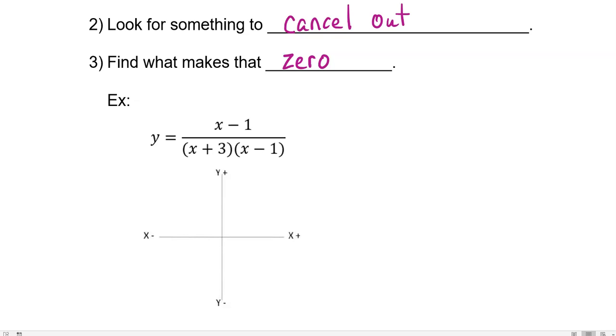Yeah, so when we look at this, the x minus 1s are something that we would want to cancel out. So let me just highlight those for a second, okay? Now focus in on that. What could you plug in for x that would make that 0? So we would plug in 1. That means that there is a hole at x equals 1. So the graph's going to be going along. It's going to have a hole there, okay?